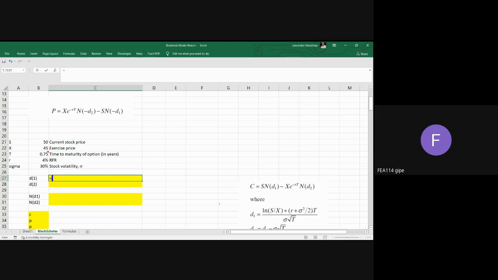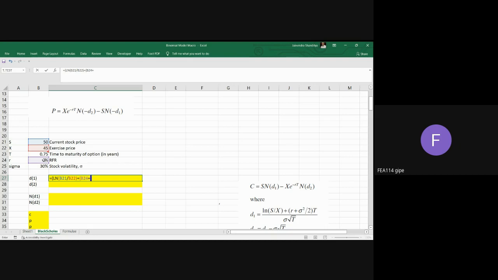So the first thing we do is start with a bracket. Why? Because there is a divisor at the bottom. So I start with a bracket and write natural log, and then the first thing is stock price. I select the stock price, then divide this by exercise price and close the bracket. Then plus there is interest rate. So interest rate is this. Plus now here there is a slight thing which will help you.